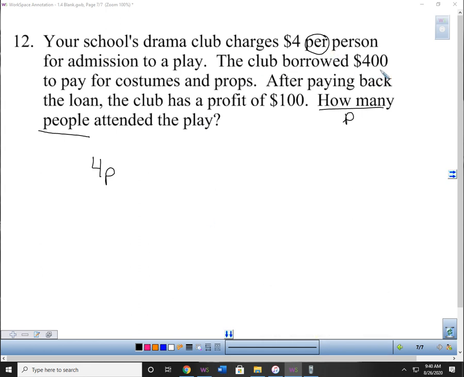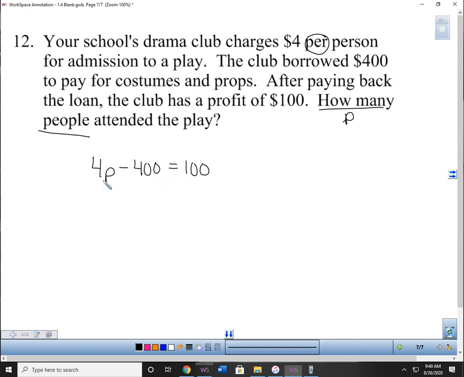Then they borrowed $400 and they had to pay that back. So whatever they make here, they're going to have to take away $400. And after they did that, then they profited $100. So that's all they made. $4 a person minus their loan, that's how much they made, which is pretty lame, but I'm not going to judge.